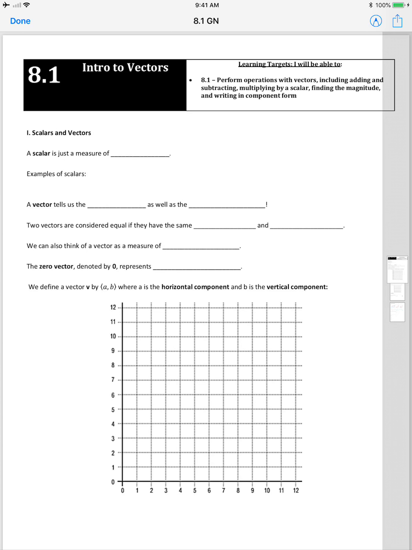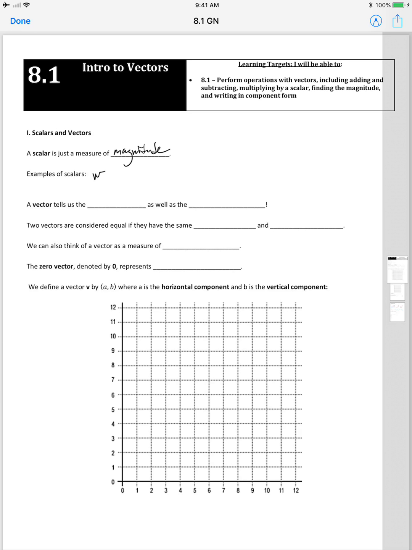So we'll start by talking about vectors, but before we talk about vectors, we need to talk about something called a scalar. A scalar is actually something that's really common that we've been using a lot, and it's just a measure of something's magnitude. So it's any quantity that we can represent using just a single number.